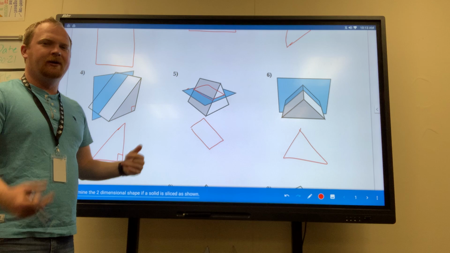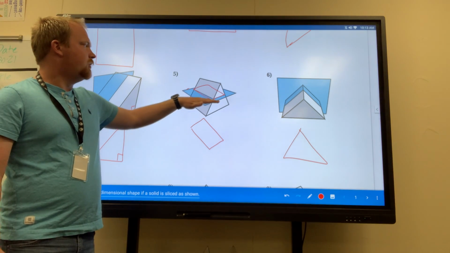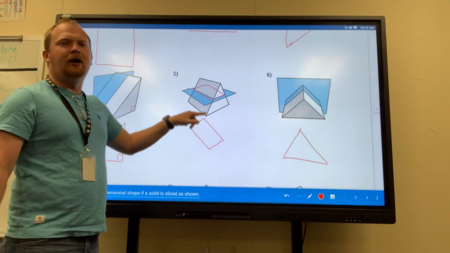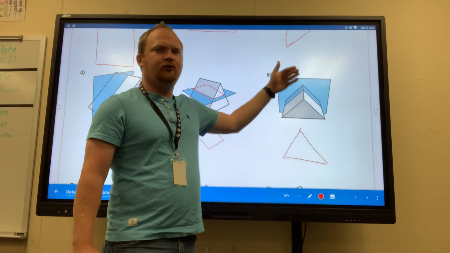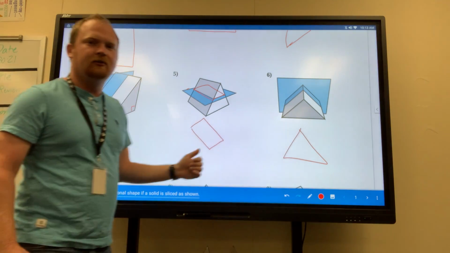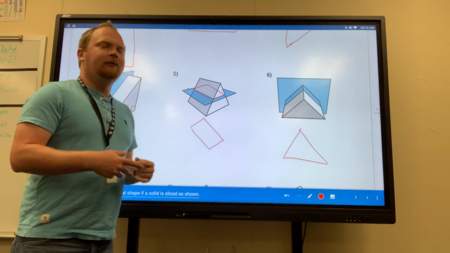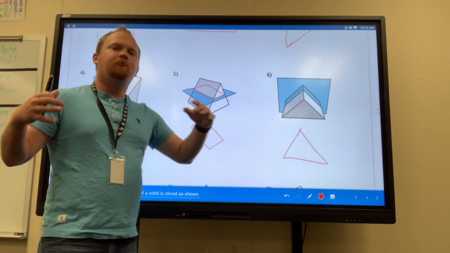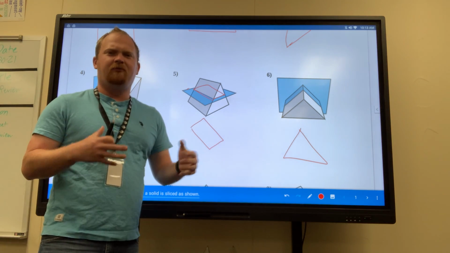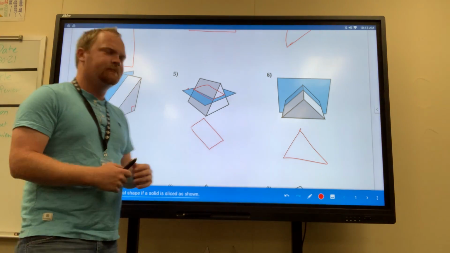That's probably a better way to say it. This is more parallel to this bottom face, while this cross section is more parallel to the triangular bases. So even with a different direction, it can be the same figure, but the cross section can be different depending on how you cut it.